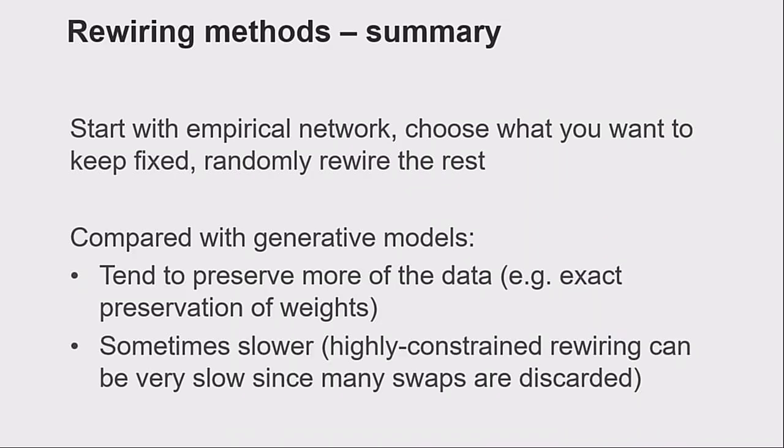They can sometimes be faster and sometimes slower. The edge swapping ones can be quite a bit slower because if you have a lot of constraints, you may need to discard quite a lot of your swaps. But the shuffling ones that I showed can be fast because shuffling is quite fast.